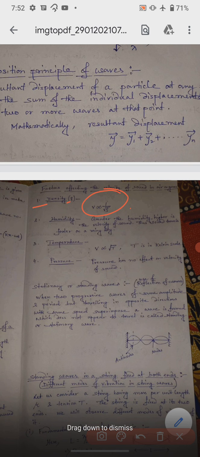This is the relation: velocity is inversely proportional to the square root of density. That means if rho increases by 4 times, velocity will decrease by 2 times. It is inversely proportional, so if one increases, the other decreases, and it is inversely proportional to the square root of rho.